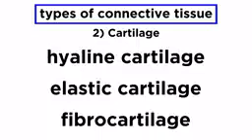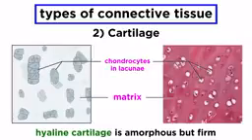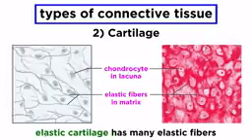There are three types to be aware of. Those are hyaline cartilage, elastic cartilage, and fibrocartilage. The first, hyaline, is the most abundant. It is amorphous but firm, and thus good at reinforcing and cushioning structures. Elastic cartilage is similar, but has more elastic fibers in its matrix.